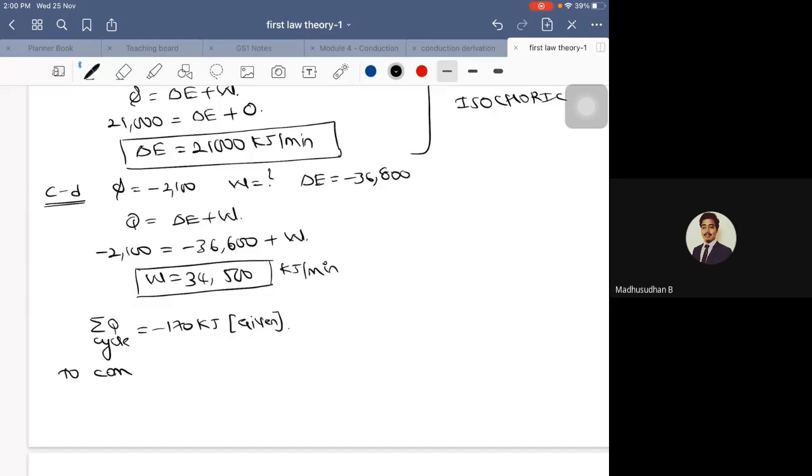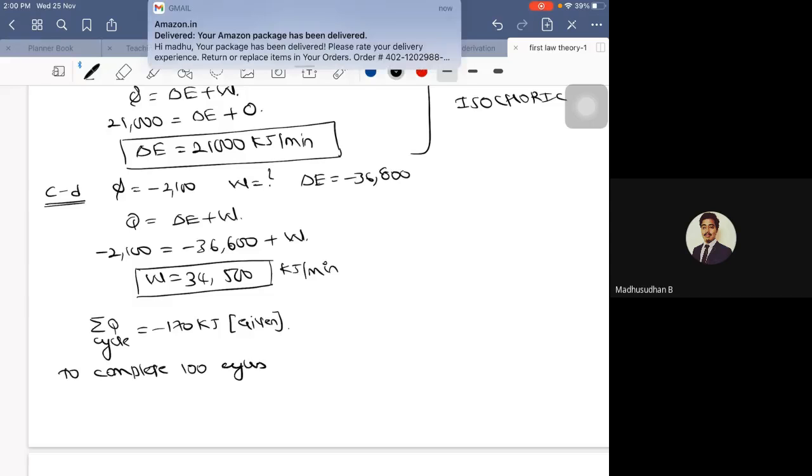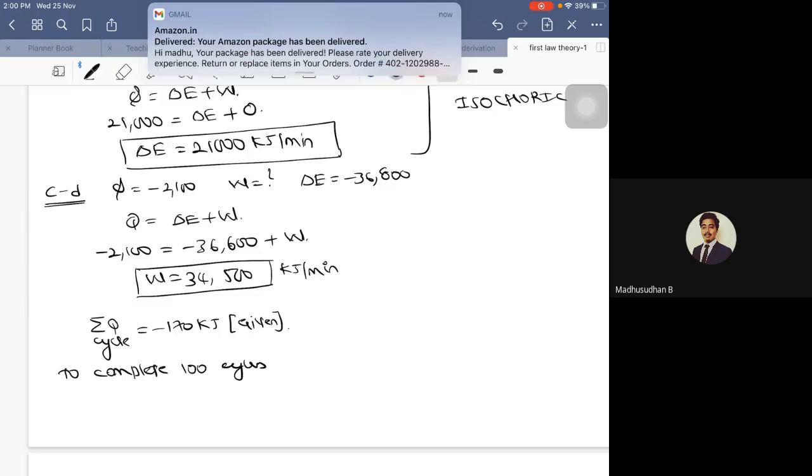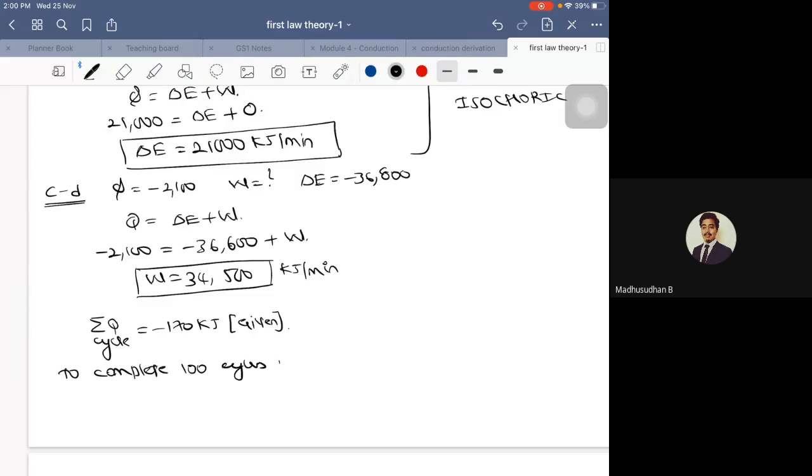Sigma Q of the cycle is minus 170 kilojoules into 100 cycles per minute, so the value is minus 17,000 kilojoules per minute.